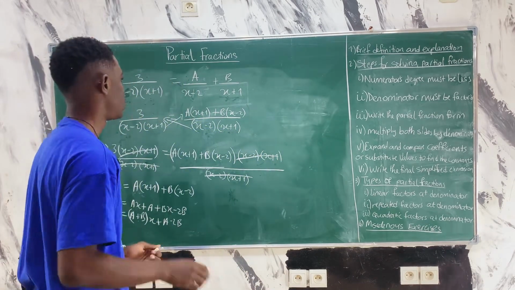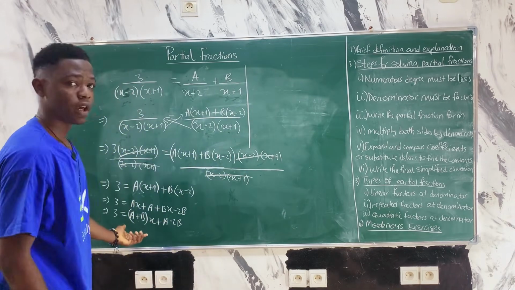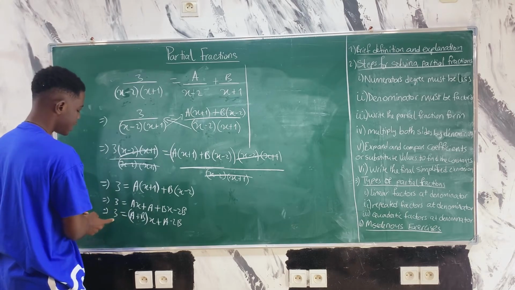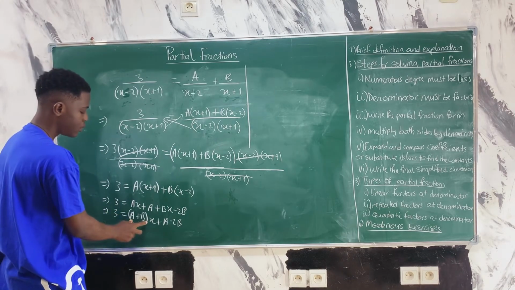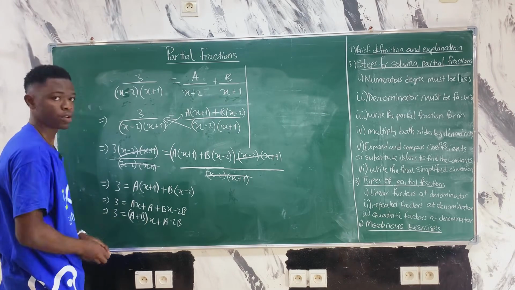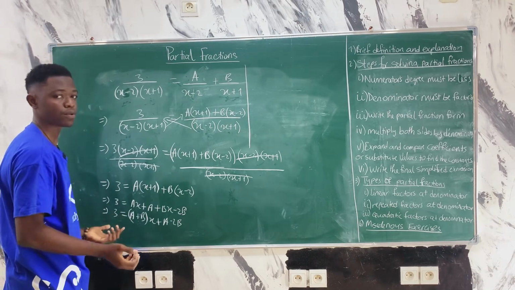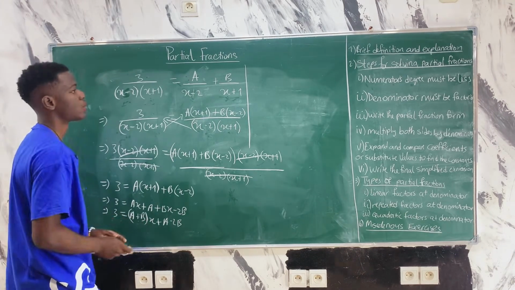When I have this now, from here, I see that the value that has x here is a plus b. The value that has x on this other side is 0 because there's no x here. So I can say this a plus b is equal to 0 because here x has a plus b, here x has 0, it's the same as 0x.